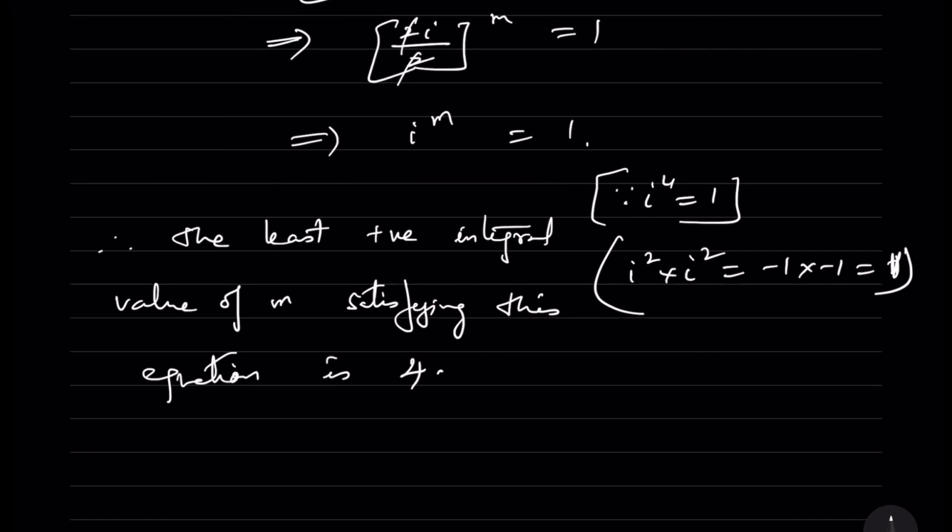Since i to the power of m is 1, m is equal to a multiple of 4, where k is some positive integer. So therefore here we got m is equal to 4k. Here in this case we can take k equal to 1. I'm sorry, m is equal to 4 we are taking. So it is satisfying that, we can see very clearly.